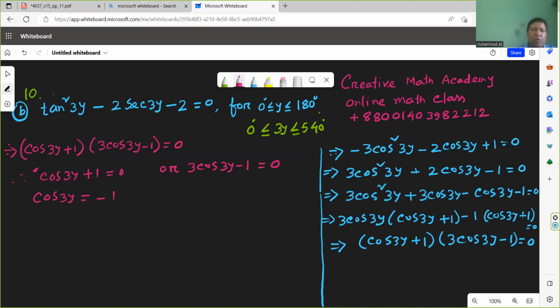If we want to find the value of y when cos 3y equals minus 1, it's better to sketch this curve.